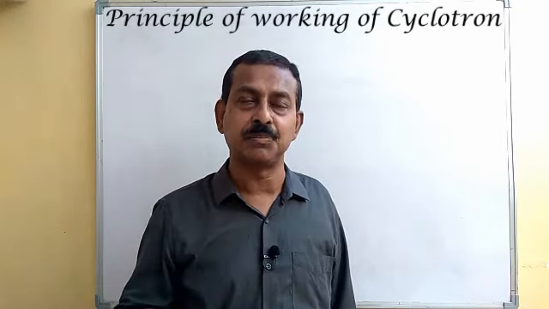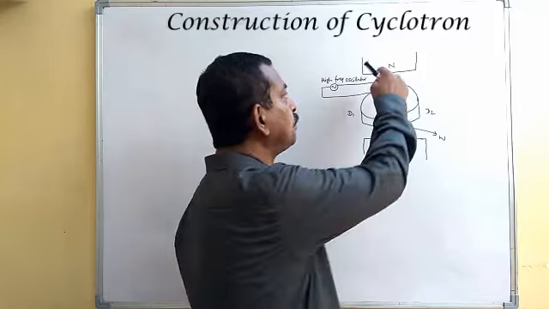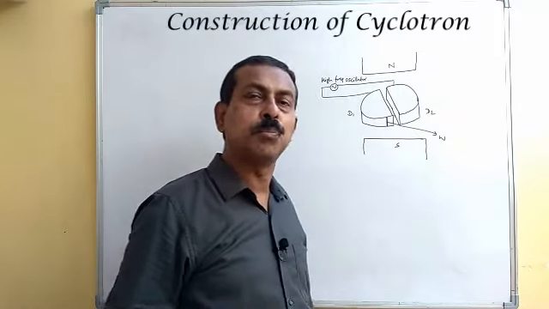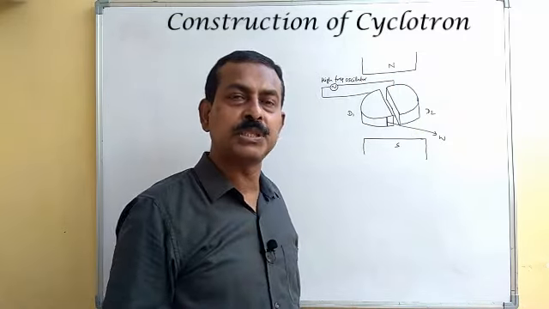That will be more clear if you go through its construction and working, how the charged particle is accelerated. So let's first of all see its construction. In its construction, we have N and S representing pole pieces of the magnet, which is used to produce the magnetic field.